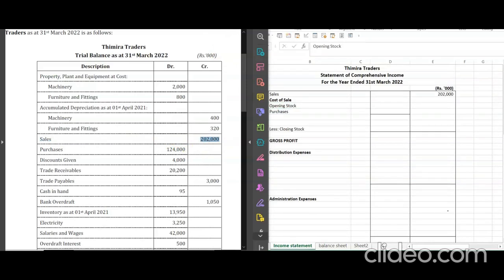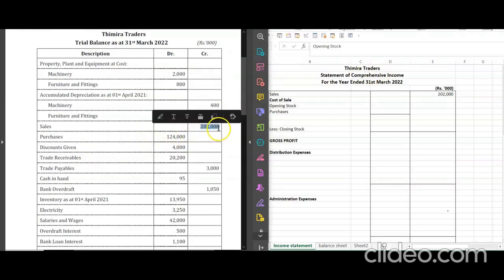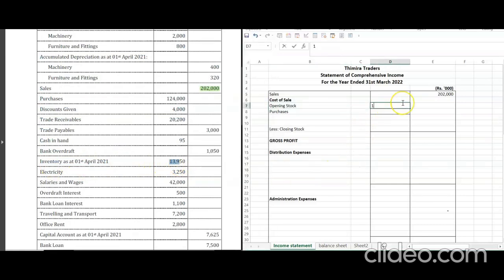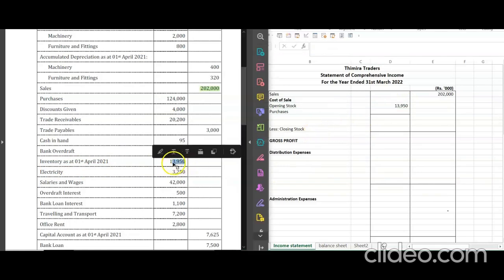Okay, now you can see the opening stock. Where is the opening stock? Here, inventory as at 1st April 2021 is 13,950. The opening stock is 13,950. Right? That is opening stock done.